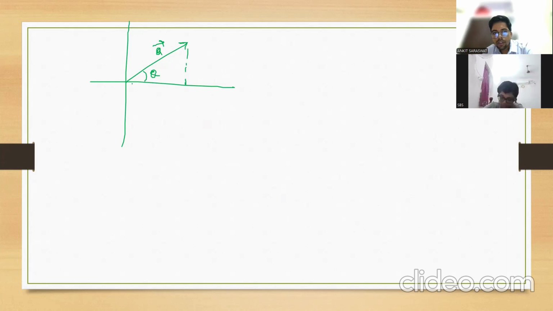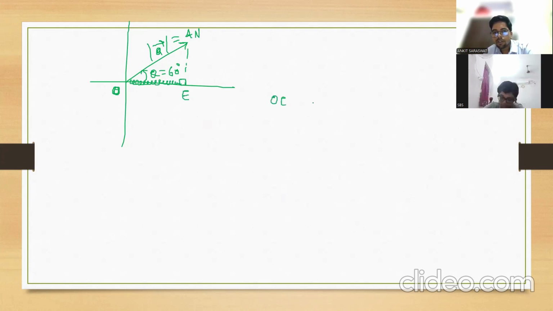If this theta is, for example, 60 degrees, and the length of this vector is 4 Newton, now its projection on the x-axis, you just drop a perpendicular like this. Then how much is this length OE?